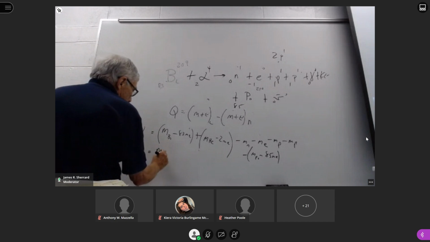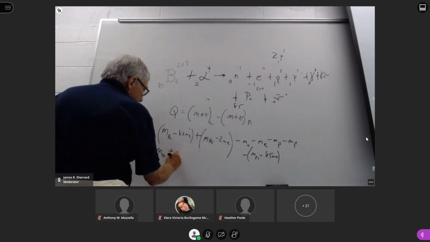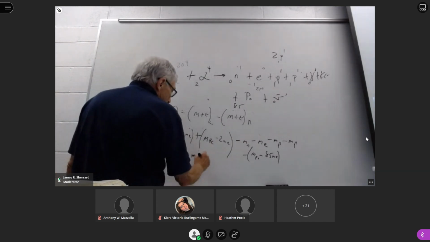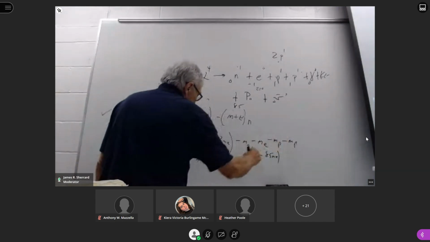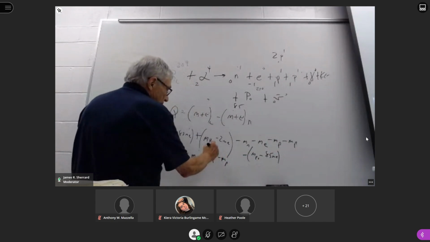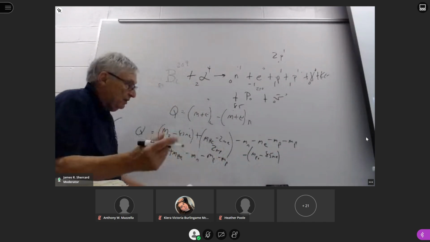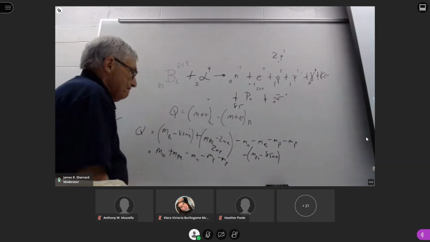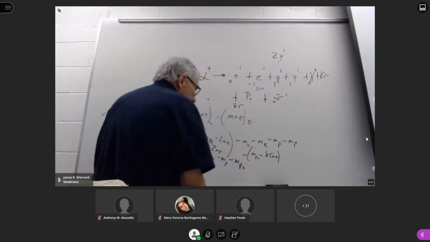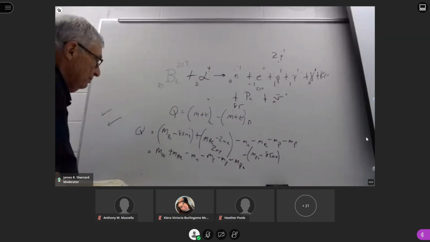Collect like terms. So I have mass of bismuth plus mass of helium minus mass neutron minus, and I still kept these as separate, mass proton minus mass proton. Yes, you could have written 2 mass proton if that makes you feel better. Okay. Minus the mass of the polonium. Now we have to count electrons.